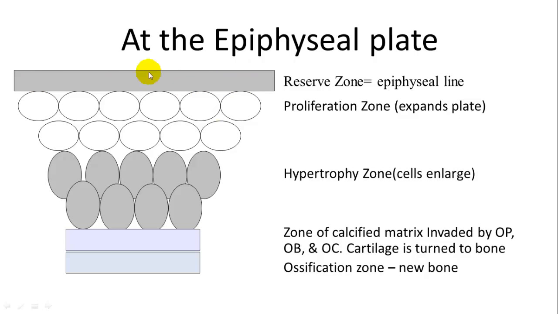In the proliferation zone, this is where mitosis is going to push cartilage cells down, and then you have the hypertrophy zone where they're going to actually change shape and enlarge. And then you have two here at the end. The zone of calcified matrix is where the osteoprogenitor, osteoblast and osteoclast cells are going to turn that cartilage into bone, and finally the new bone is going to be laid down in the ossification zone.